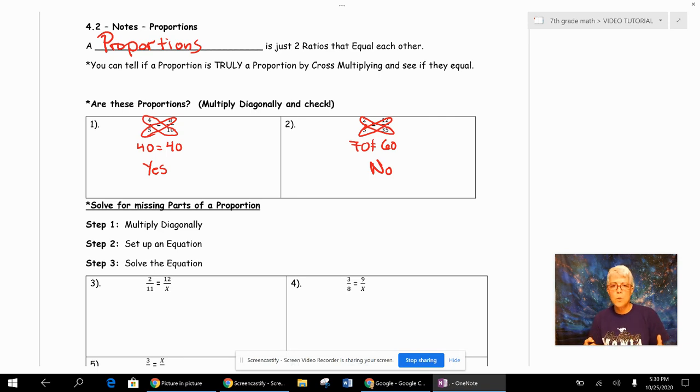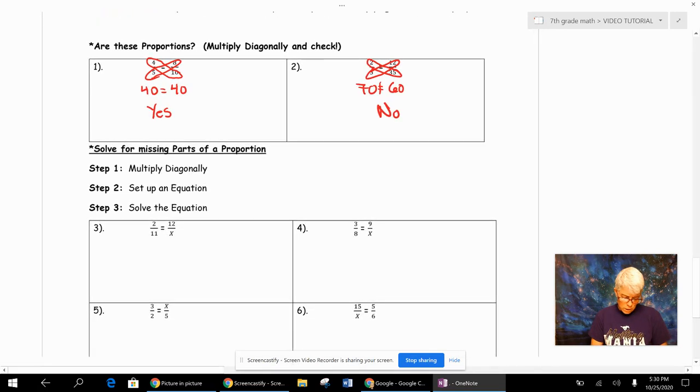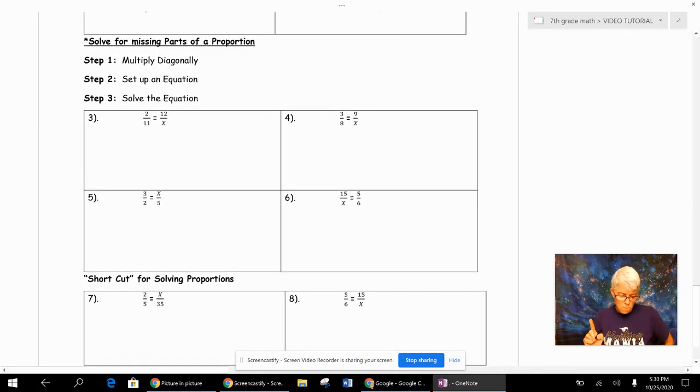We are going to use what we know about proportions to find information. So it says you will multiply diagonally, then set up an equation, and then solve the equation. So let's get at it. Let's go ahead and do 2 times x. Now I'm going to be intentional and try to keep my variable on the left-hand side. 11 times 12 is 132.